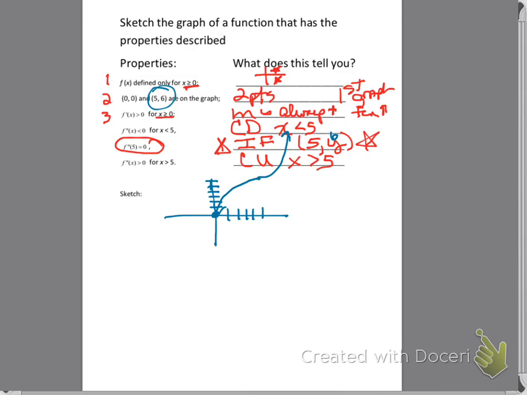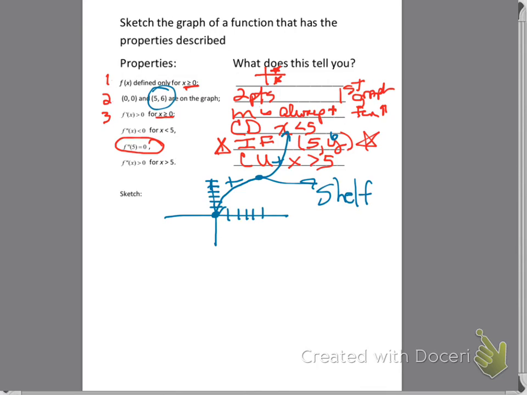So my blue function satisfies all of these requirements. Look what happens right here. It looks to me that my inflection point is also a shelf, because my slope is always positive. So I don't have a situation where I have a max or a min, because my slope is not changing.